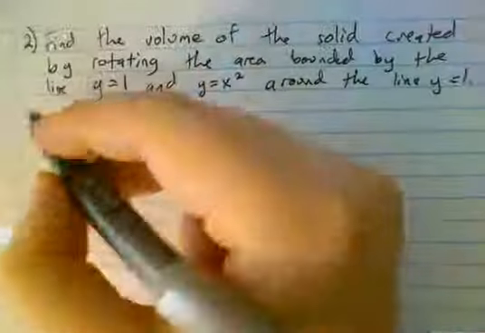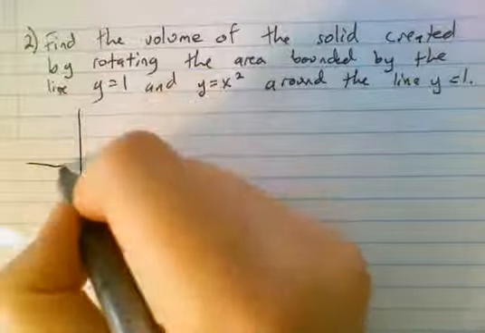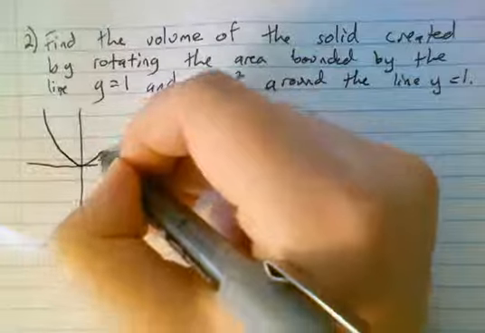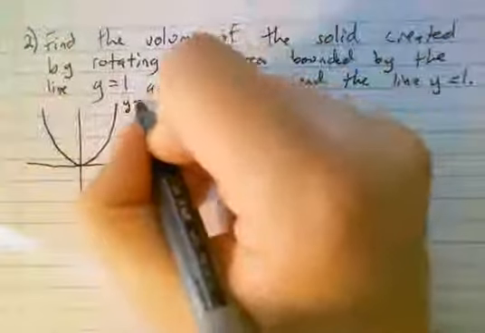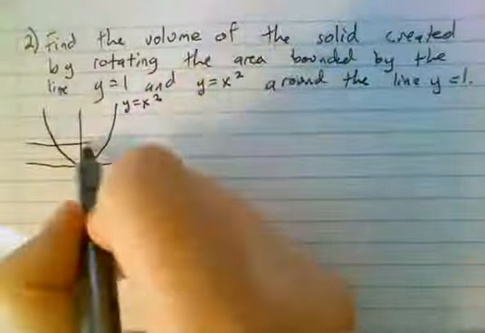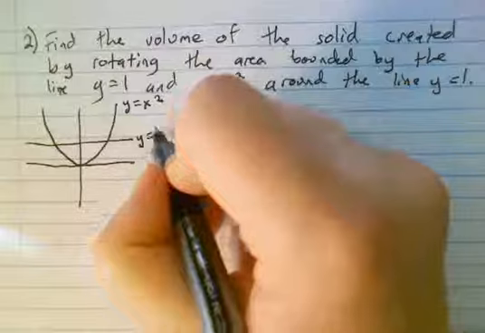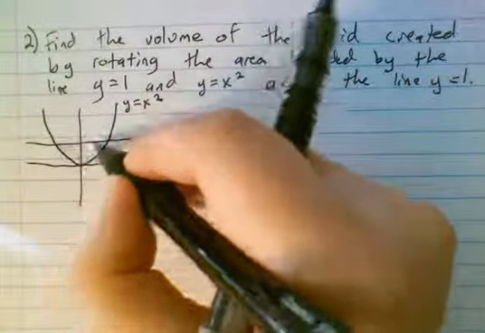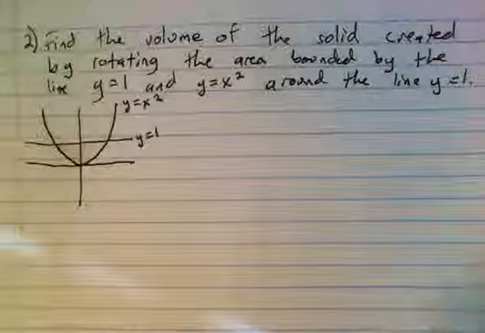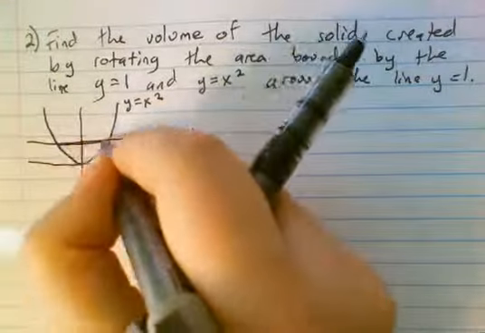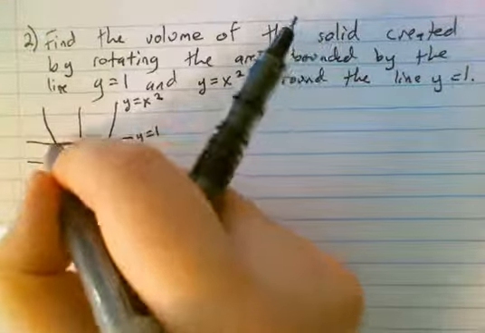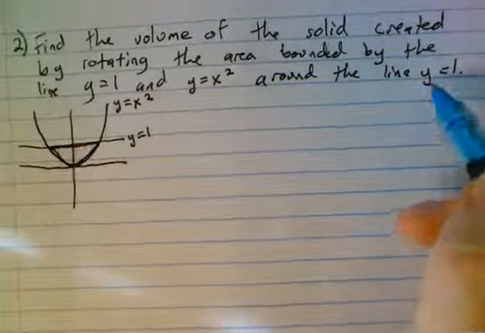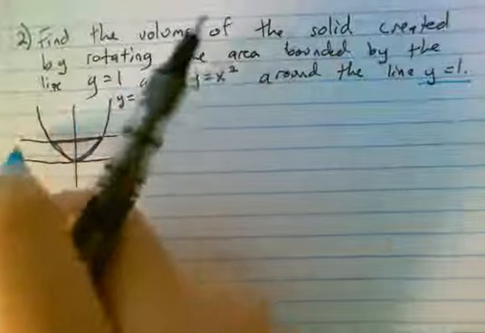So area bounded by, first thing we're going to do is draw that. There's y equals x squared. Here's the line y equals 1. So we're talking about this area right here. We're going to rotate it around the line y equals 1.